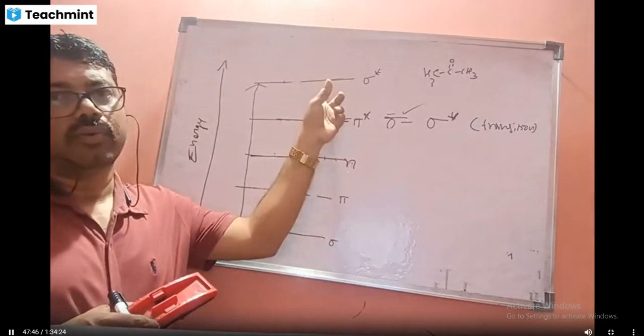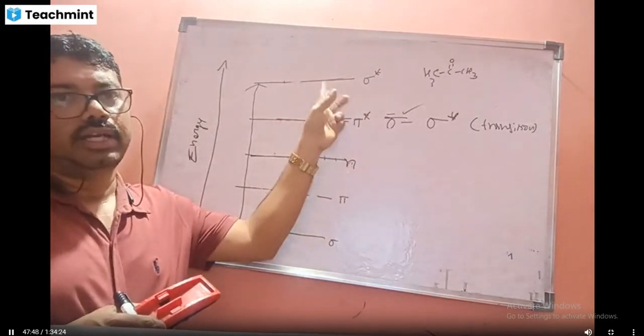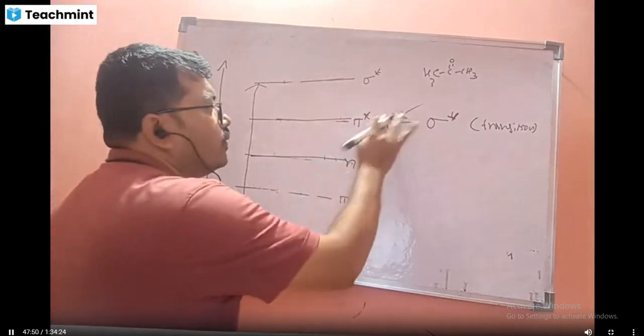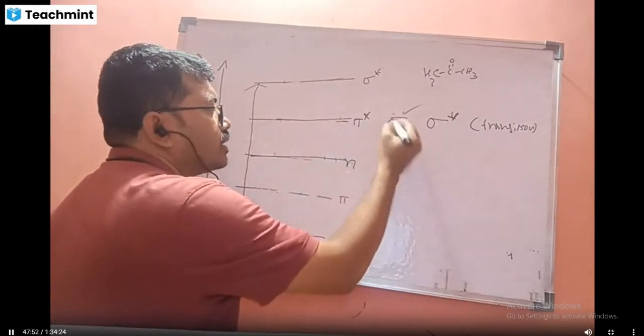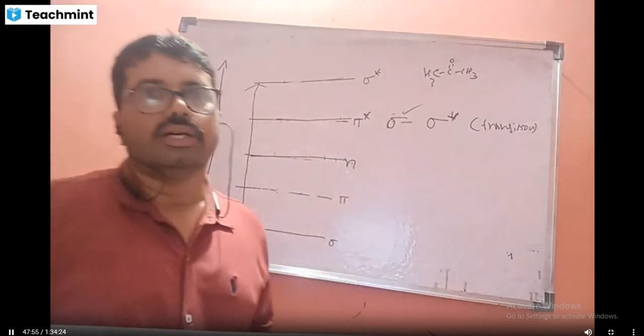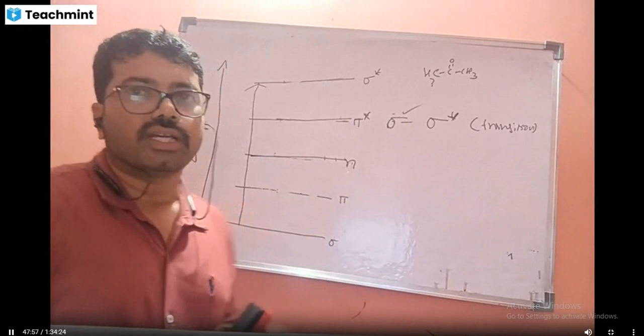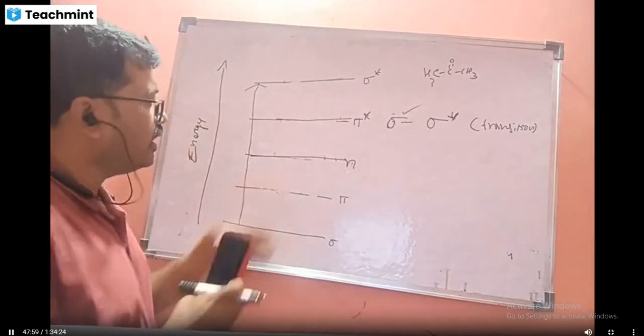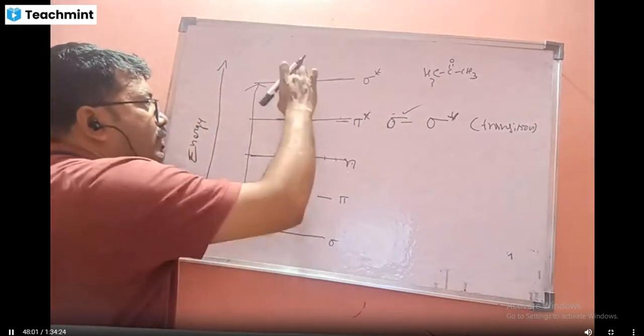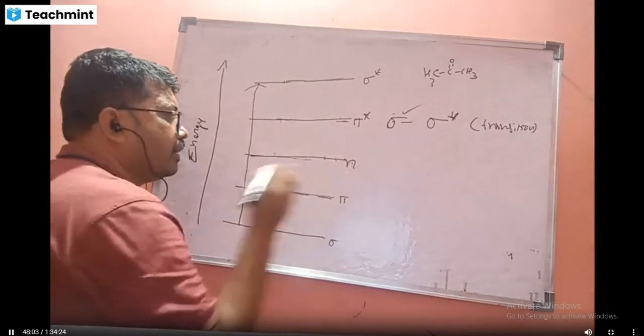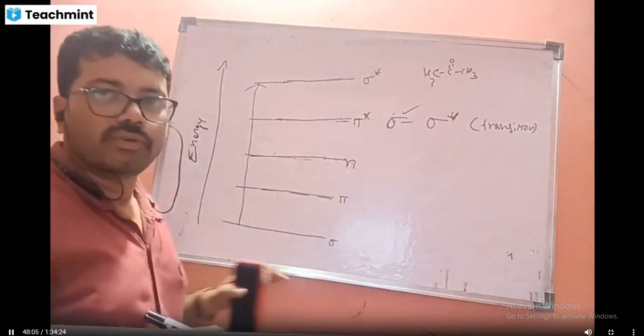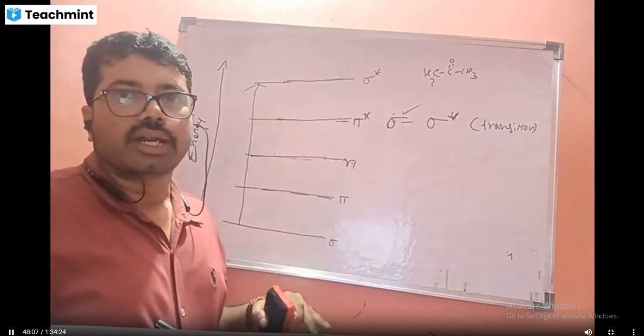Star is nothing but the antibonding sigma star orbit. It is represented as sigma to sigma star. The energy required for this transition is very high. The energy gap is very high here. Not the highest energy, but it requires very high energy for this sigma to sigma star transition.